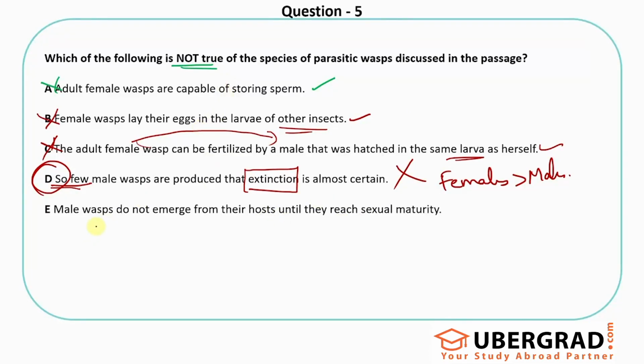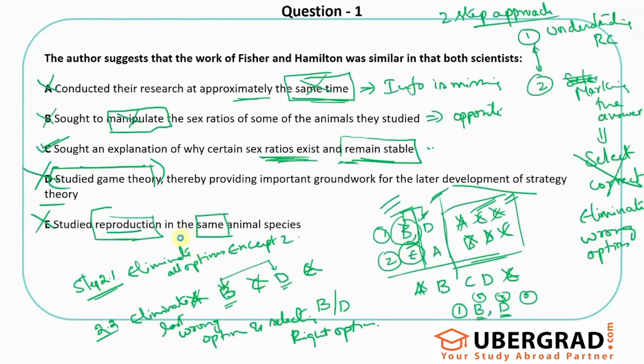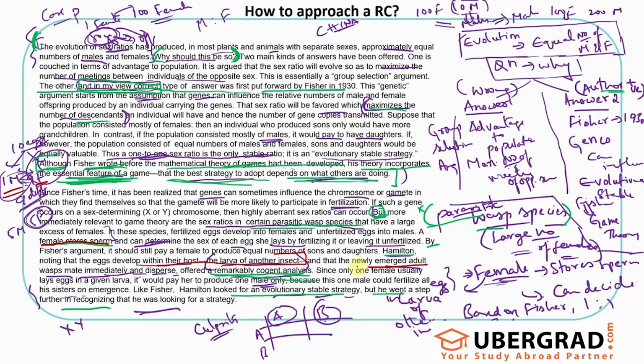But let's look at the last option. Male wasps do not emerge from their host until they reach sexual maturity. Right, let's look at this. Again, it says that newly emerged adult wasps mate immediately and disperse. So that basically means that whatever wasps come out of their eggs are mature enough to mate.